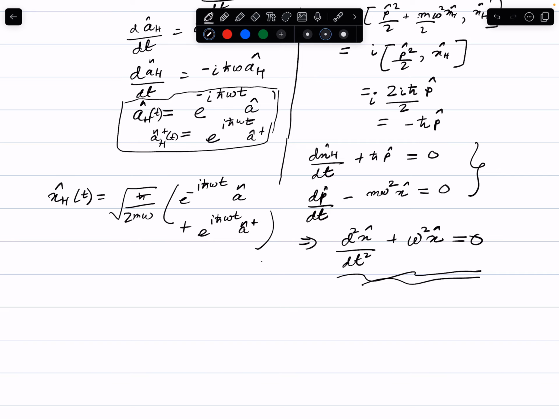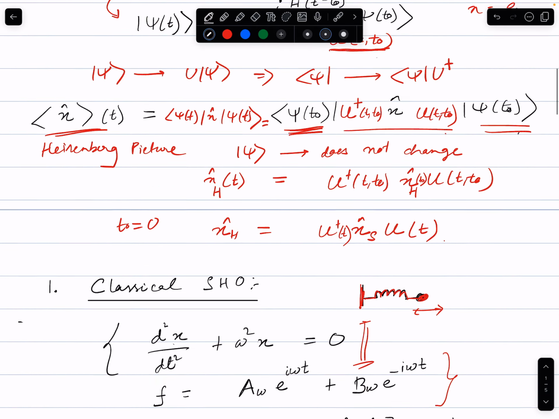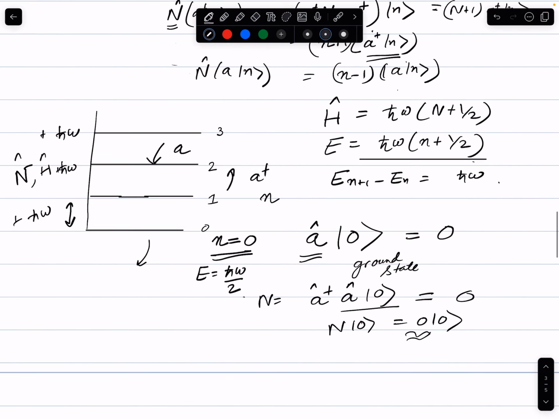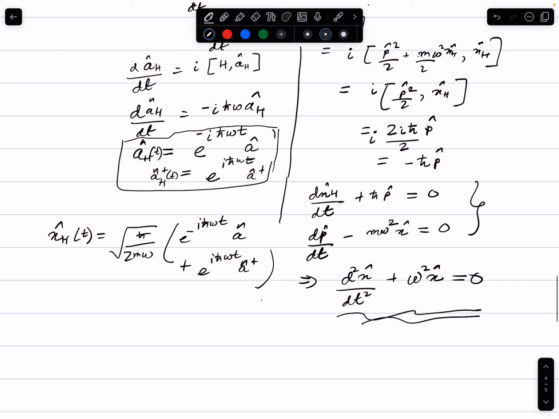And so why do I write this? Because this also looks very similar to the classical solution that we had here. So this was the classical solution for x. Some e to the power i omega t factor, e to the power minus i omega t factor, and here also we have pretty much the same kind of thing.